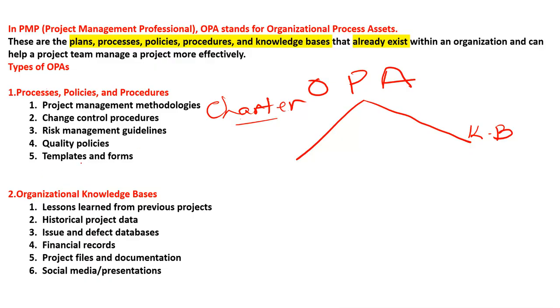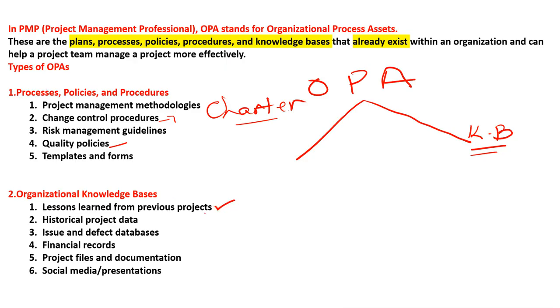Here I have written templates and forms, quality policies, risk management guidelines, change control procedure, project management. Suppose the stakeholder asks you to change something or add some feature, and you do not know what the change control procedure is. You can go to the OPA and they will provide it to you. And this is the important thing, the knowledge base. What do we keep here? Lessons learned from previous projects.